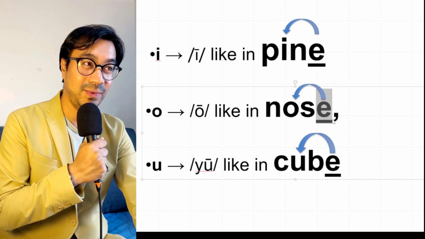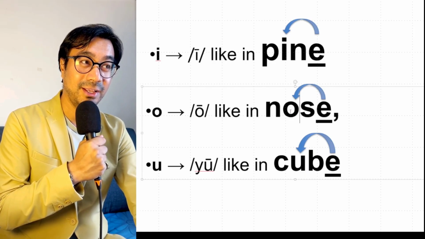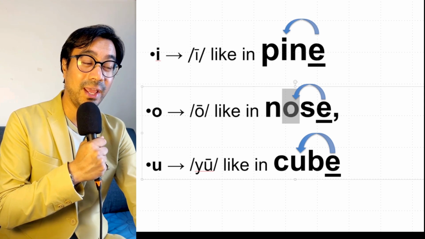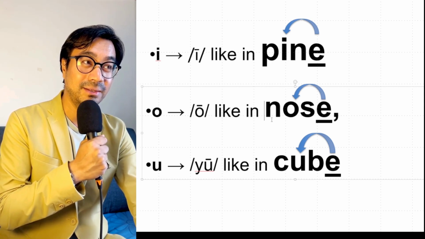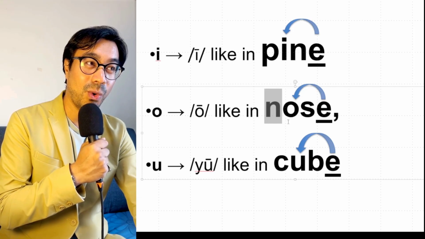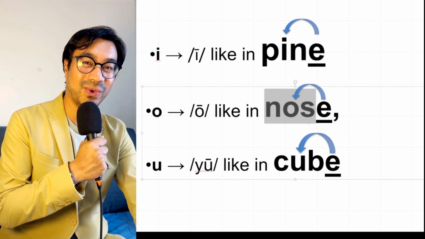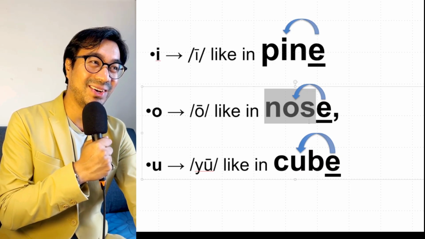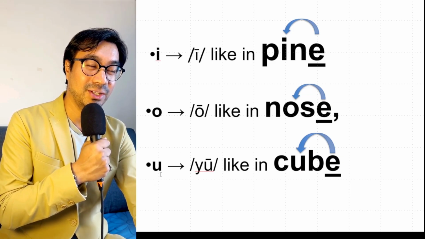So this E will change this vowel. It's saying its own name. Oh, that's good. So let's see. N, O, S. Nose. That's good.